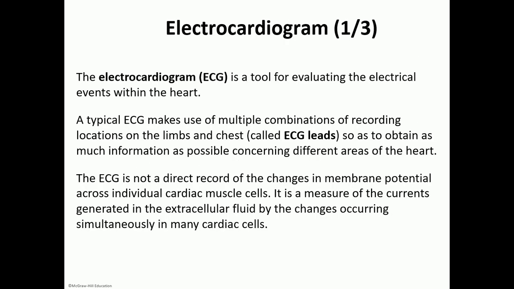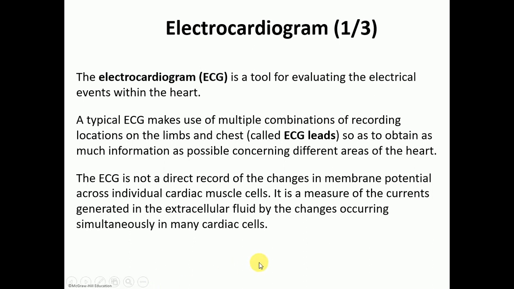Looking at an electrocardiogram, or an ECG or an EKG, that is how we record the electrical events that are happening in the heart. Know that because we don't have the ability to put electrodes directly onto the cardiac cells, we are actually recording what is happening in the extracellular fluid surrounding the muscle cells.